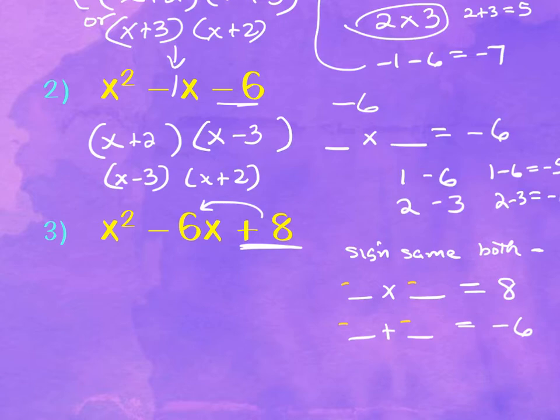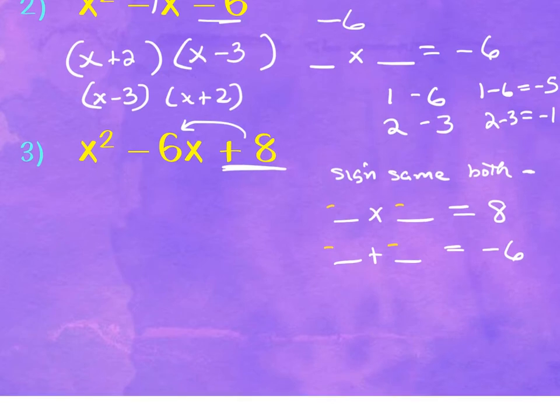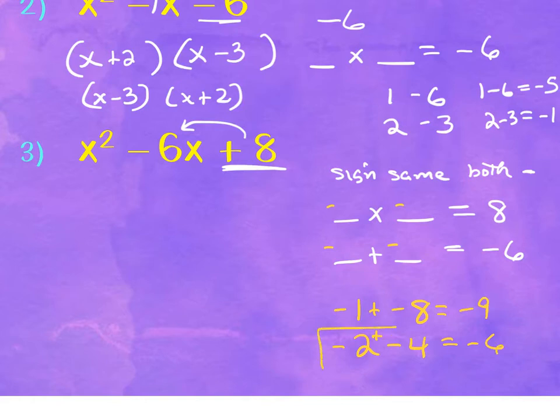So now I'm going to list all of the ways to multiply to get an 8. 1 and 8, 2 and 4, and they're all negative. Now if I go back and add them, this gives me -9, this gives me -6. So this is the one I want.